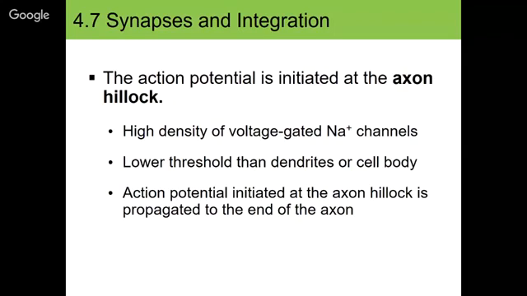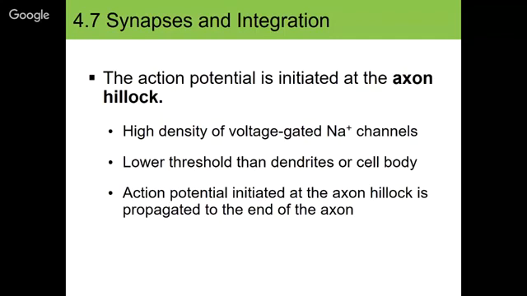This is because it's packed with a high density of voltage-gated sodium channels. Okay, so it's very sensitive to any sort of depolarization.